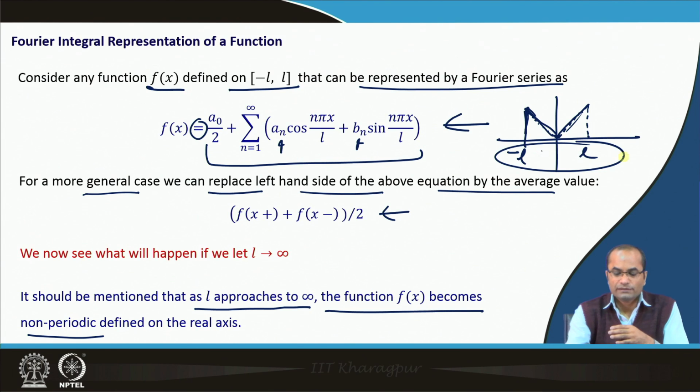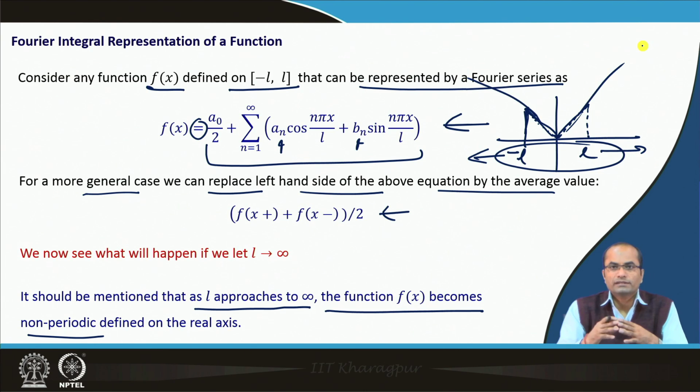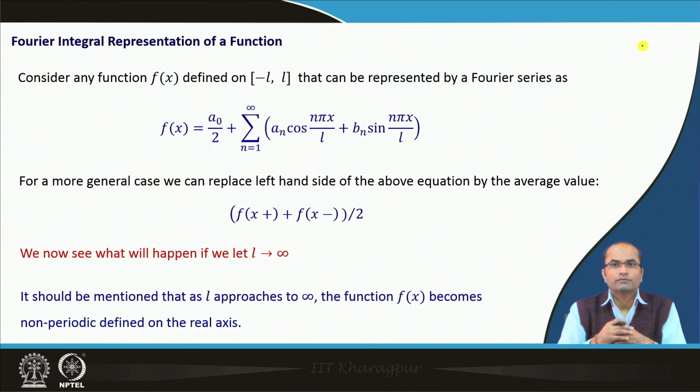But now the question is: if we let L go to infinity, then this function may not be a periodic function naturally. We are now talking about the whole real axis, because if L goes to infinity, we are covering f(x) in the range minus infinity to plus infinity. What kind of representation will we now have instead of this Fourier series when L is very, very large? There is then no question of convergence to a periodic function, because L is no more finite.